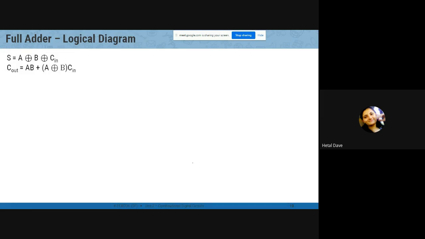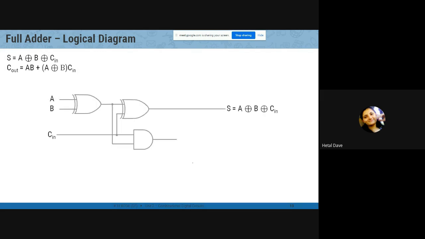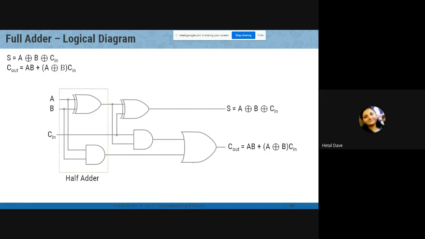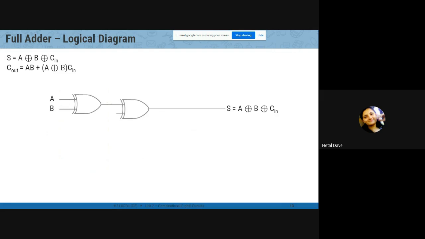Now what is our next step from the equation? We need to draw the figure. So you know how the figure is drawn. This is the figure. What does the figure represent? So first of all, it is A XOR B. Here we will connect C in.